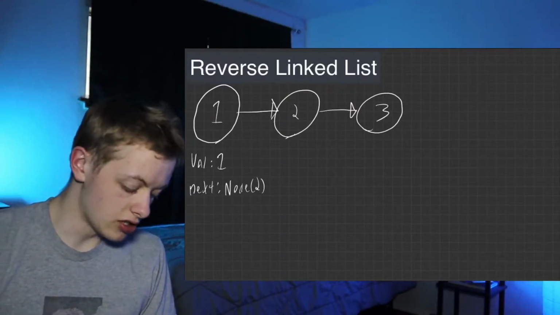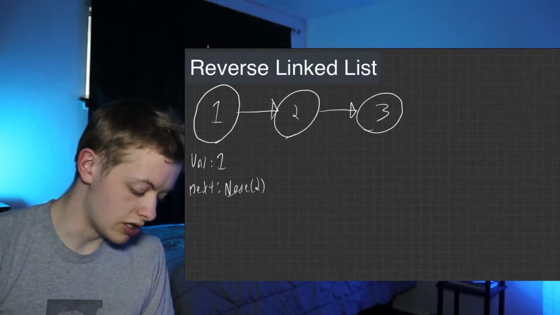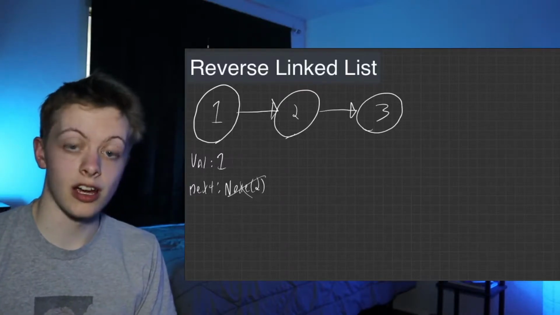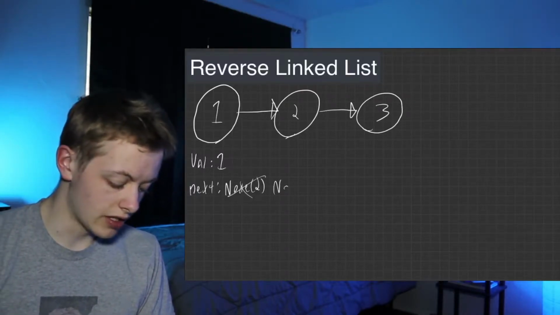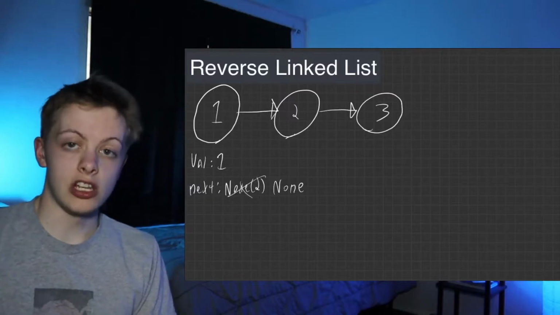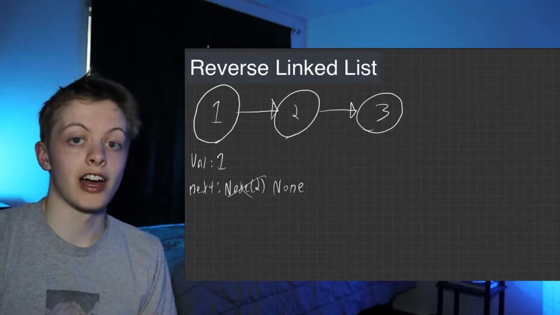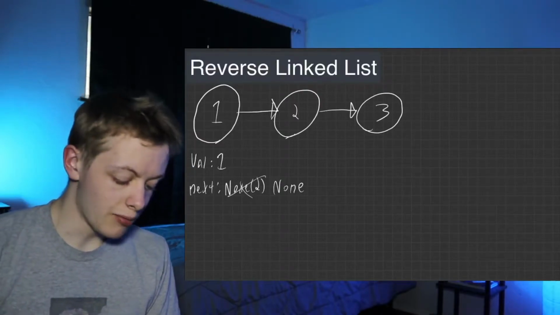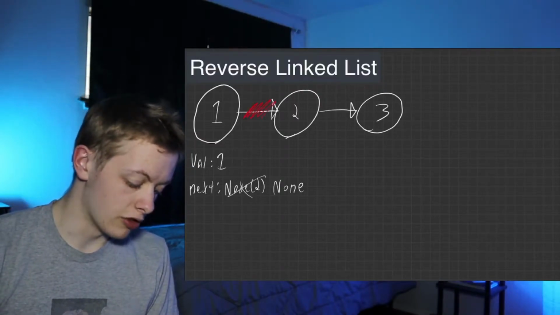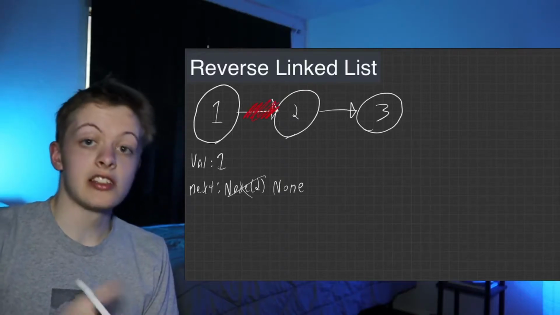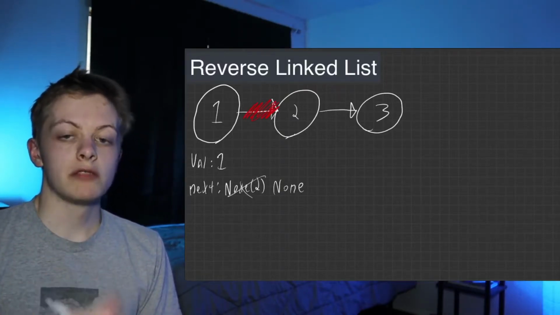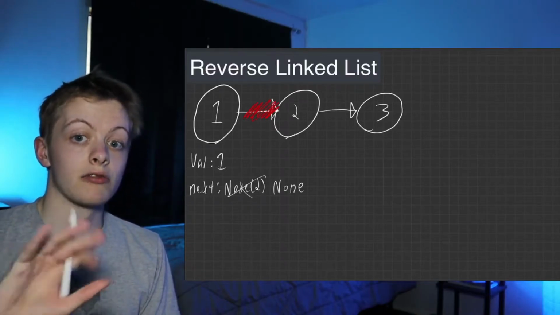If we were to change this .next property to, instead of this node right here at the 2, if we change it to none, we're going to run into an issue, because this arrow in our diagram signifies the .next property. That means we wouldn't have an arrow anymore. And so if we didn't save that node 2, that means we've lost access to the entire rest of the list.